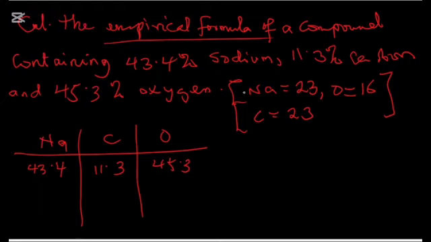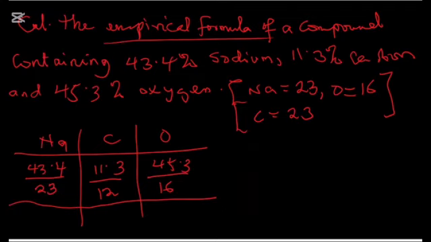The atomic mass of sodium here is 23, so I have this divided by 23, this divided by 12 and this divided by 16. 43.3 divided by 23 will give me 1.89, and that will give me 0.94, and this will give me 2.83.